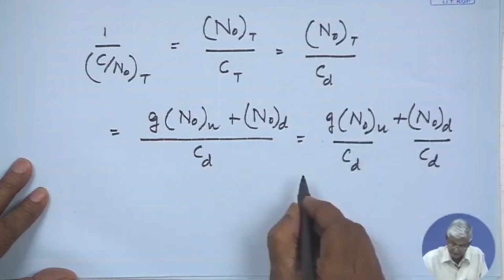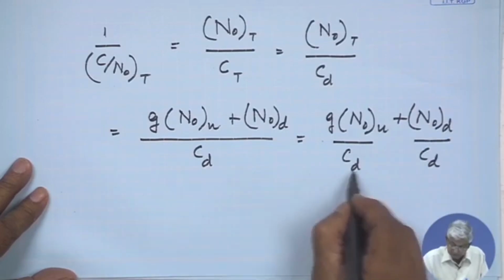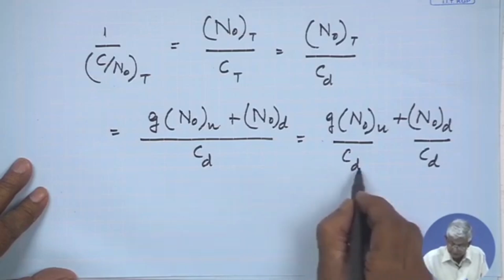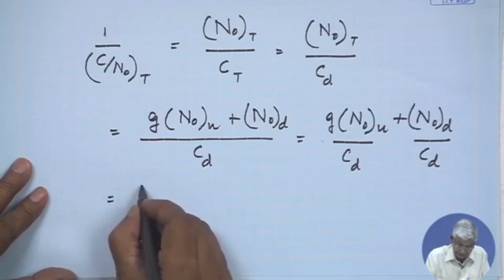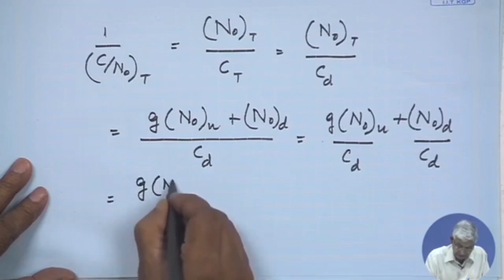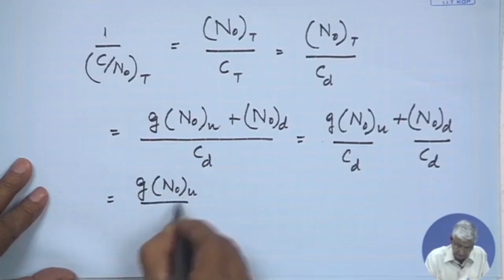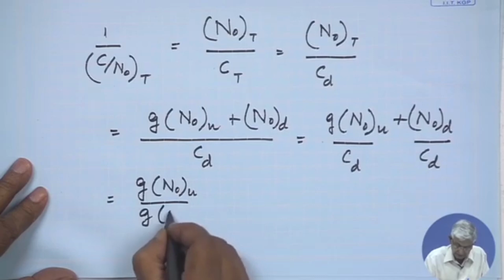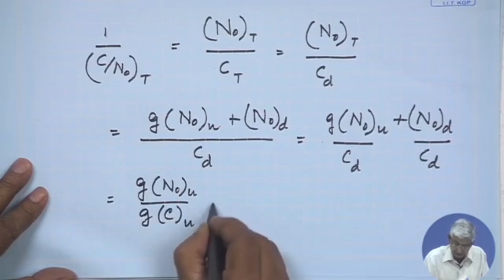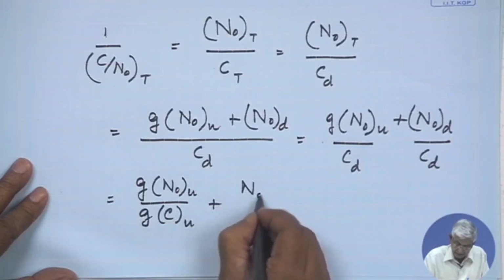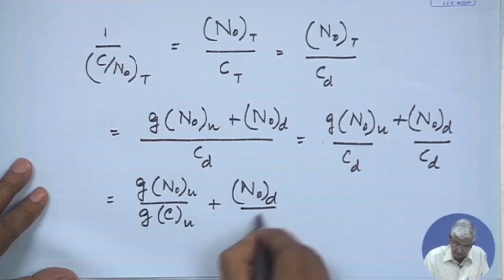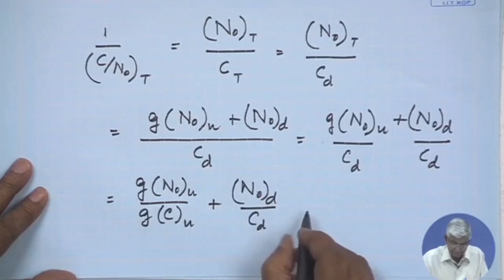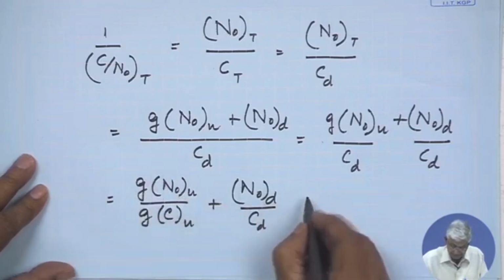Now, what is this C downlink? It is G times C uplink. So, I can write G times N0 uplink by G times C uplink plus N0 downlink by C downlink. G gets cancelled.